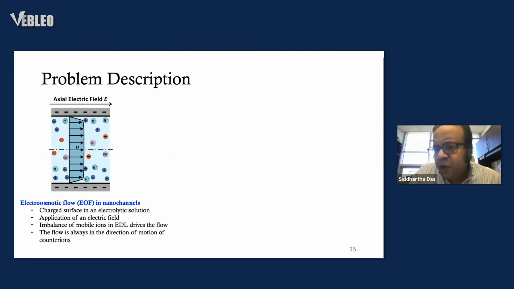Electroosmotic flow is typically a flow that people study in micro and nano systems, where you have, let's say, a charged wall. That charged wall would give rise to something called the electric double layer, or an ion distribution that balances the charge of the wall. Within that electric double layer, there is an imbalance of plus and minus ions. So when you apply an electric field, there is an imbalance in the net ion motion.